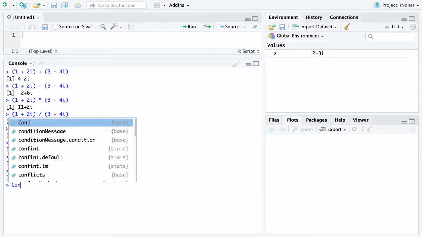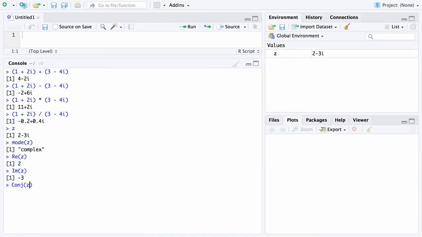There is another function called Conj, which will get you the conjugate of z. So if we have 2 minus 3i for z, this will give you 2 plus 3i. Another function will give you the modulus of z, which is the distance between the origin in the complex plane and the complex number itself, which in this case is 3.6.